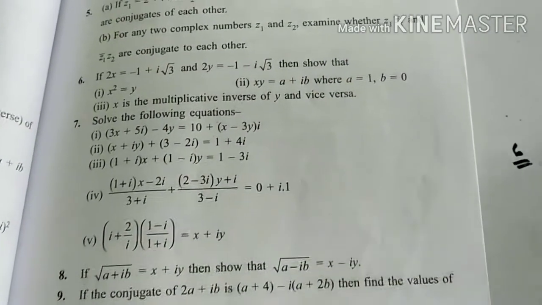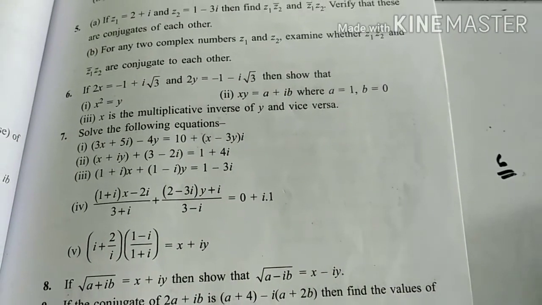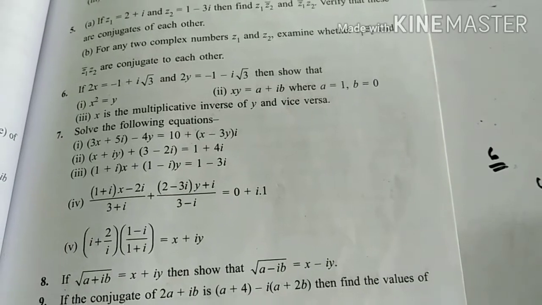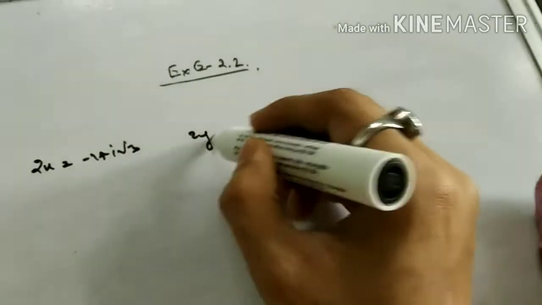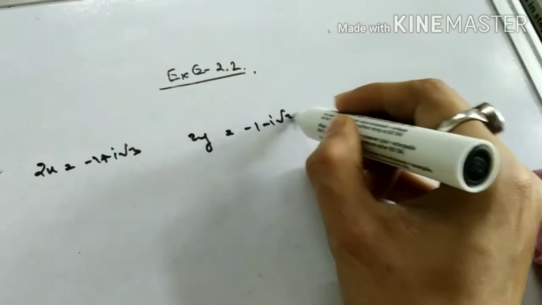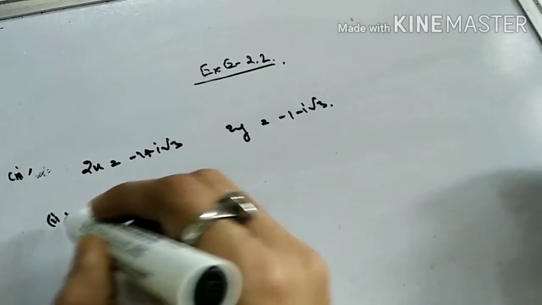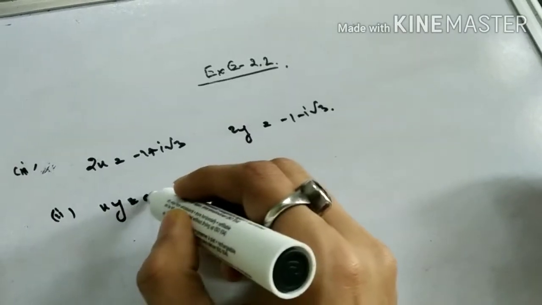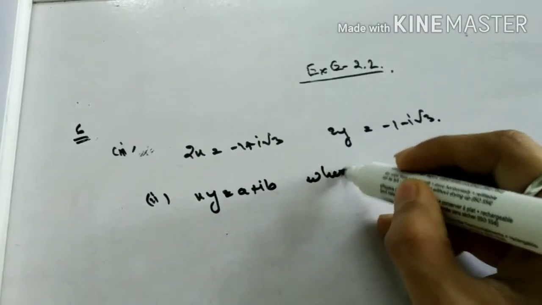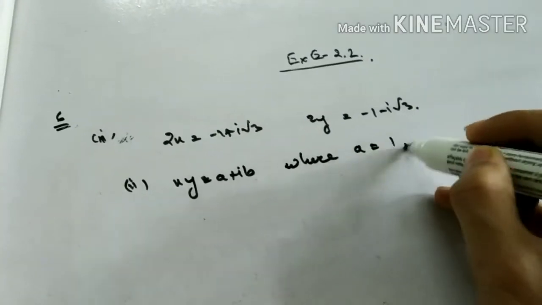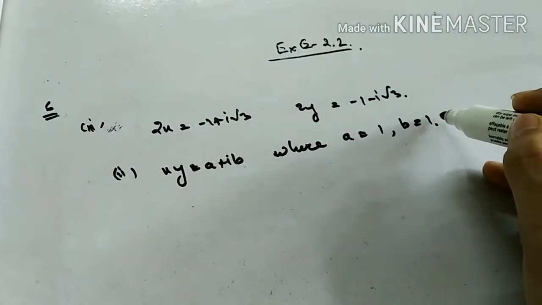So number 6, number 2, xy is given. Now I have to show that xy equals a plus ib, where a equals 1, b equals 0.